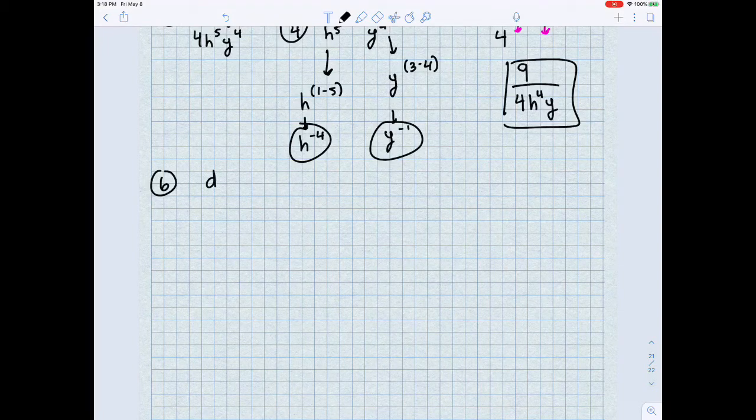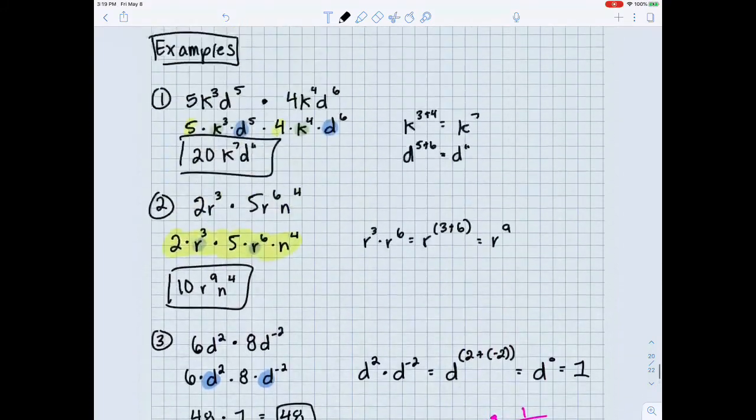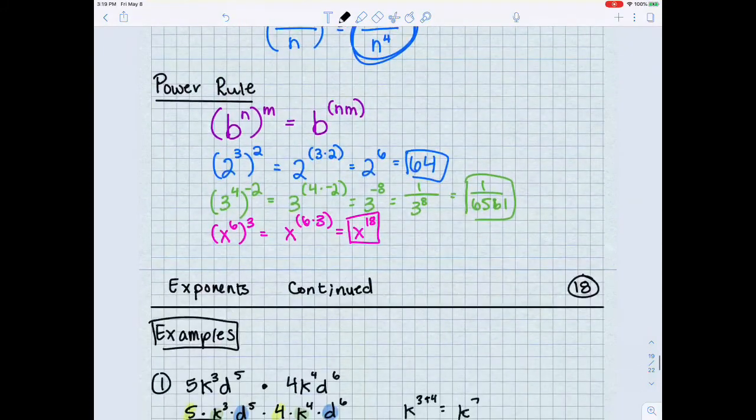I mean, there's a little bit involved here. Okay, so I have d to the 6th power divided by d to the 3rd power, and all of that raised to the 2nd power. Now, thinking about my power rule here.